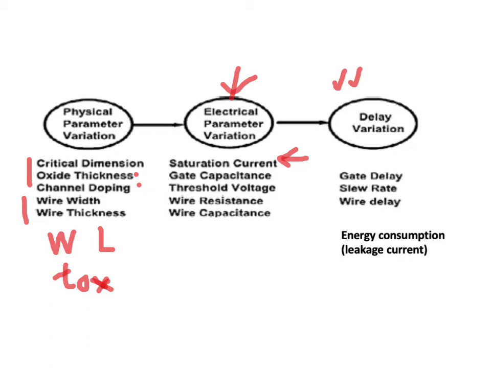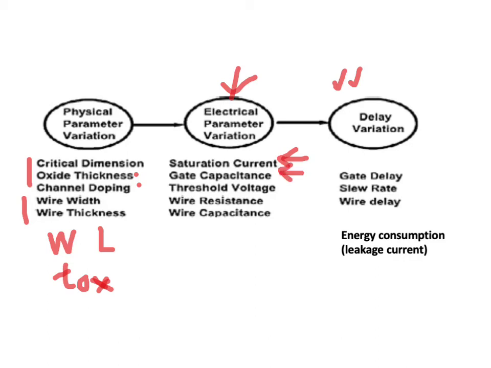So if you have physical variations that cause a reduction in current, the gates will operate slower, but of course the energy consumption might be reduced. Whereas if the physical parameter variations cause a larger saturation current, you have a speed up of the devices, but increased energy consumption.